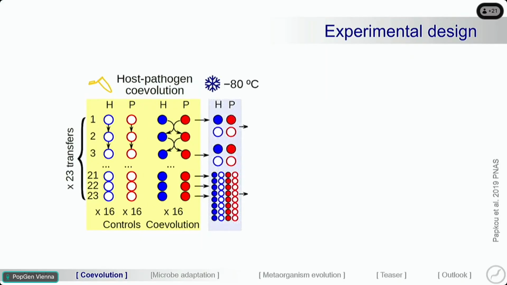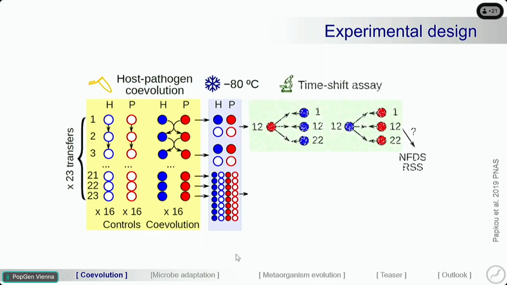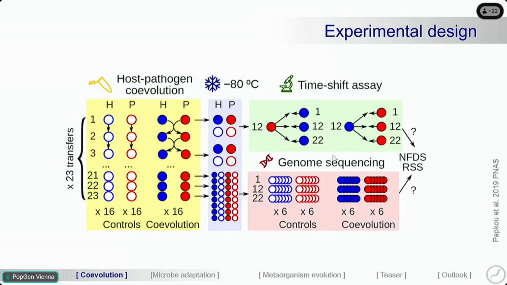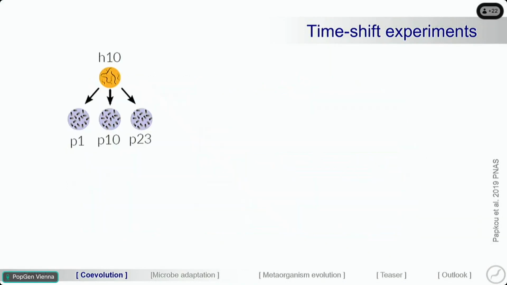Then we took advantage of the fact that we can freeze the material. So in regular time intervals, we froze everything for later genomic analysis, but also for later phenotypic analysis. And here we especially took advantage of doing time shift experiments, which I will explain in a minute a little bit more. And as already pointed out, we also isolated DNA from different time points for genomic analysis of both the host and the pathogen.